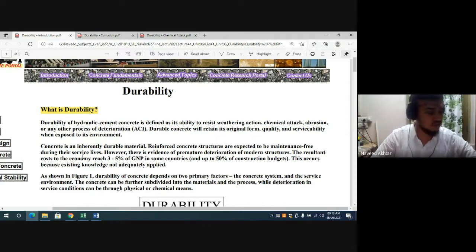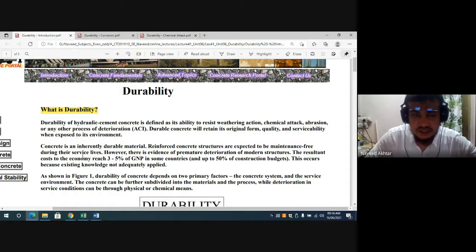Concrete is the material you are planning to use for construction work. It is the major construction material used in the world after water.